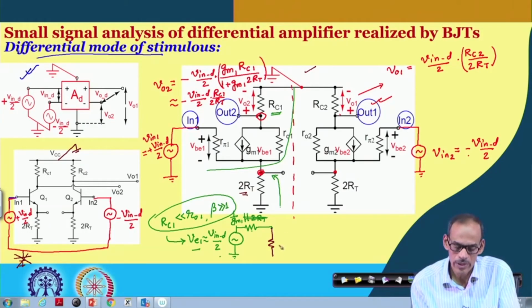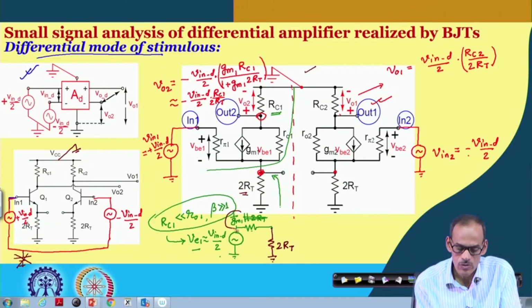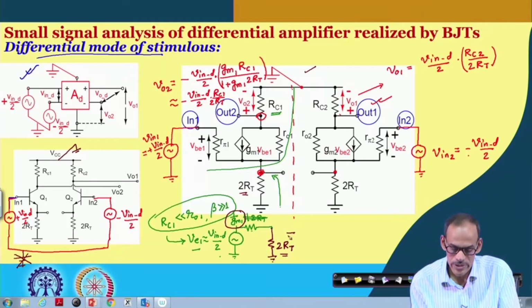So we have this 2RT, and again this resistance 1/gm1 is very small compared to 2RT. So the Thevenin equivalent voltage source remains almost the same, and the Thevenin equivalent resistance is 1/gm1. So the signal we are getting here is Vin_d/2 with a plus sign.